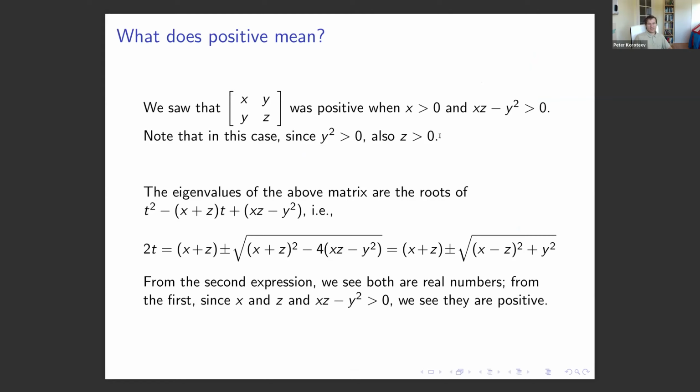Now, the eigenvalues of the above matrix are the roots of this polynomial, the characteristic polynomial of this matrix. So if t is the variable for the characteristic polynomial, twice t is equal to x plus z plus or minus the square root of (x minus z) squared plus 4 y squared.